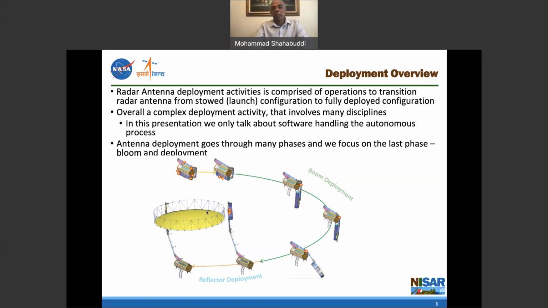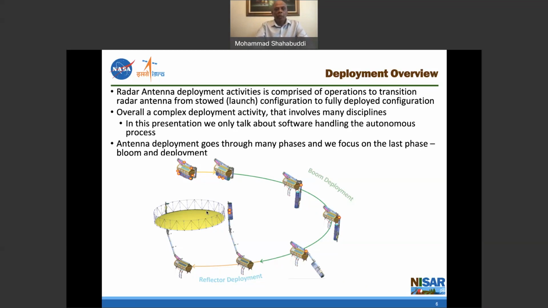Once we launch it, it takes about a month or so to actually open the antenna. Overall, it is a very complex deployment and involves many disciplines, but in this presentation, we focus only on the software handling of the autonomous process.